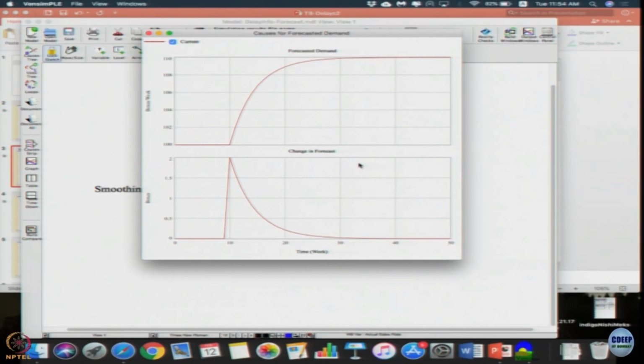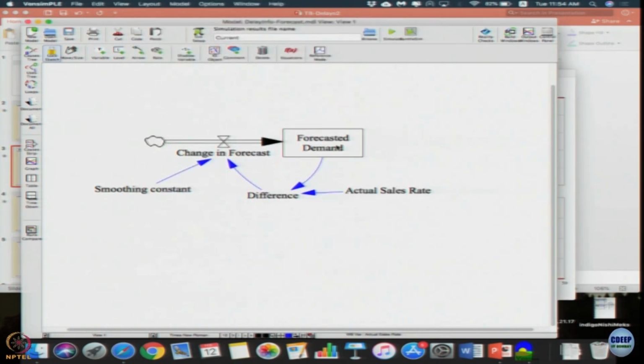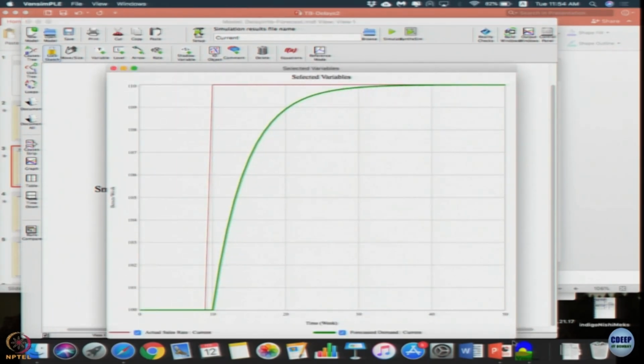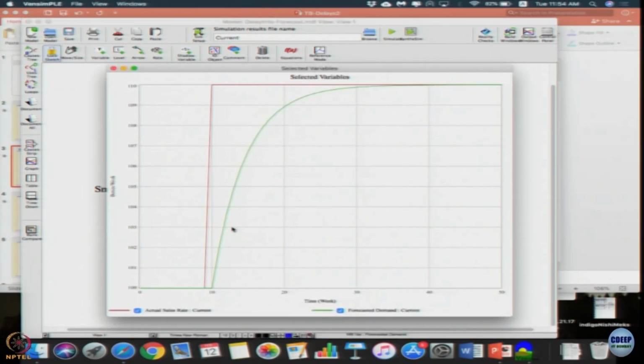Here note that the material is not conserved. Let me show forecasted and actual sales. If we plot them, the actual sales increased to 110 and held constant there, but here you can see the forecasted demand slowly approaching 110, and after some point it will be the same, but whatever happened in this transient period is lost, meaning no material is conserved there.